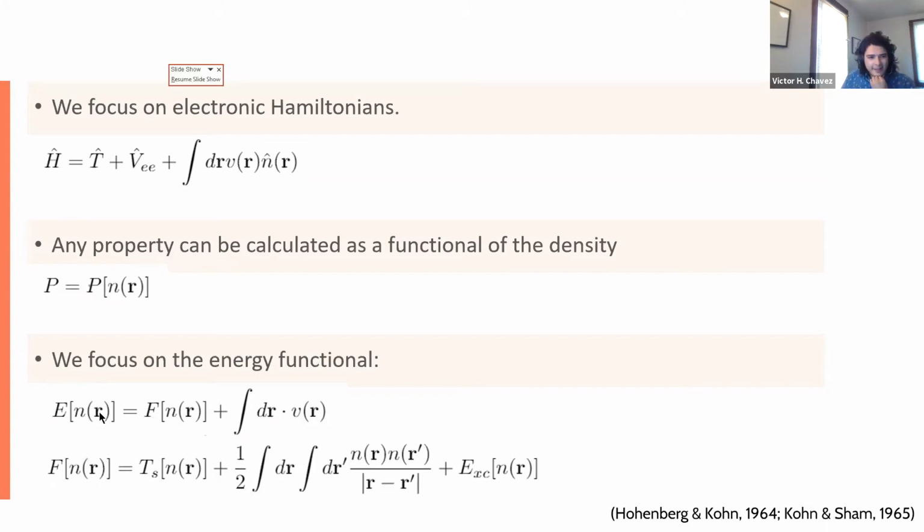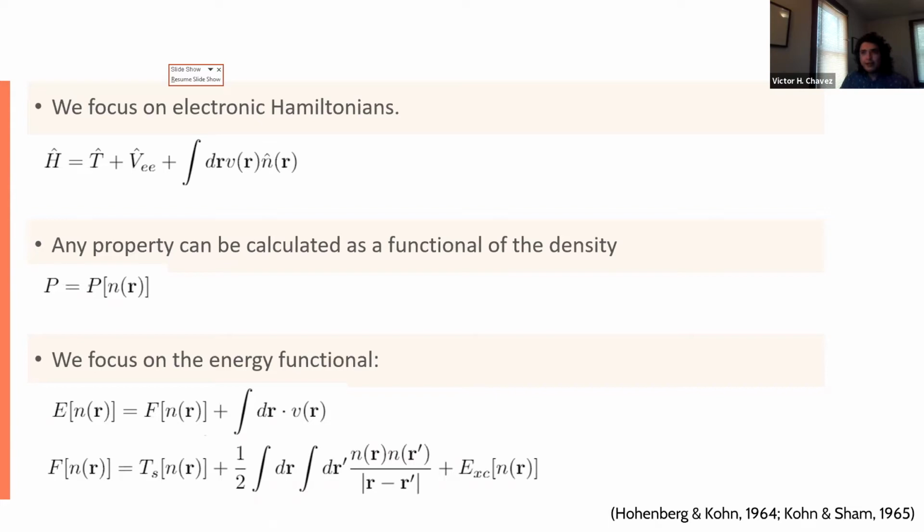So we have the kinetic part and then the Hartree part, and then all of the things that I'm missing from having non-interacting electrons are going to be stored in this extra term, which is the exchange correlation energy.